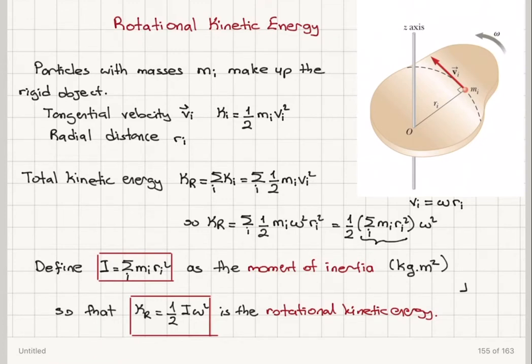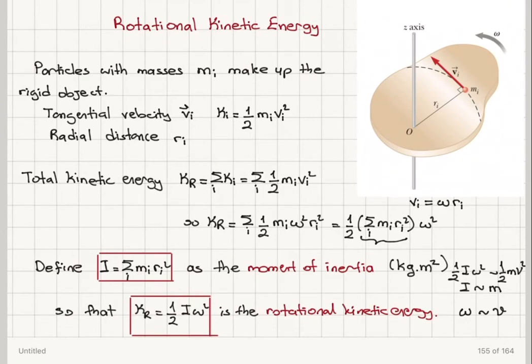The moment of inertia in rotational motion is analogous to mass in translational motion, and omega, the angular speed, is analogous to v, so that 1/2 I omega squared is analogous to 1/2 m v squared. So there is a similarity in the equations describing these two different types of motion.